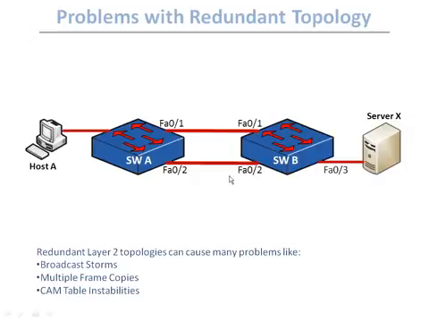Another problem associated with redundant topologies is what we know as multiple frame copies. If we go back to the case of the broadcast, when switch A sent the broadcast to switch B, it had to send it to all the ports except the originating one, if you remember. That caused it to send it through F02, but it also caused it to send it through F03. So the server received a copy of that broadcast.